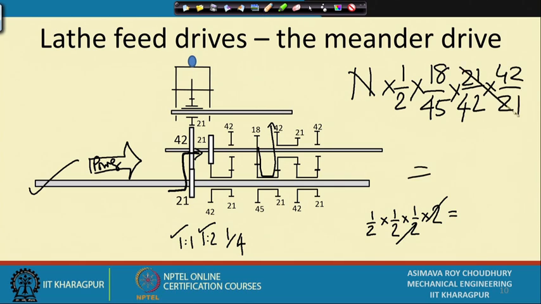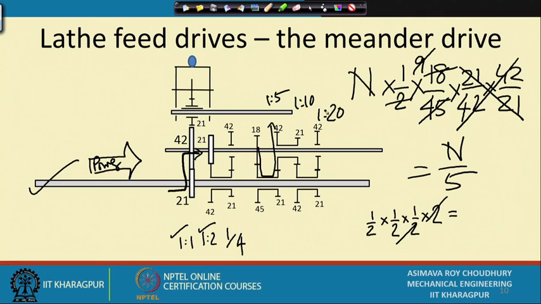So, this one cancels out as a whole, and we get 1/5, n by 5. So, n by 5 will be available here, and as you can see 21 is here. So, half of that will be available here. So, this will give us 1:5, this will give us 1:10, and this will give us 1:20.